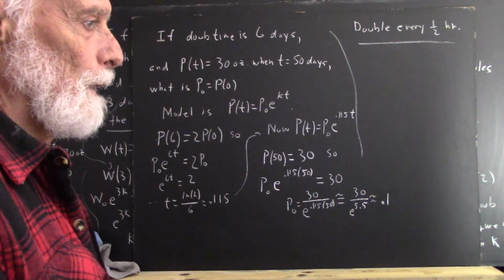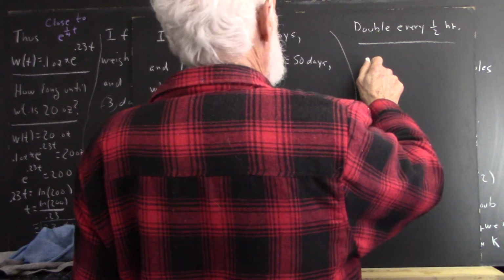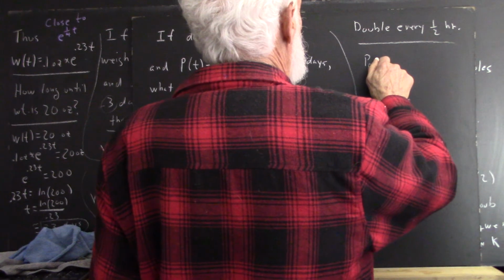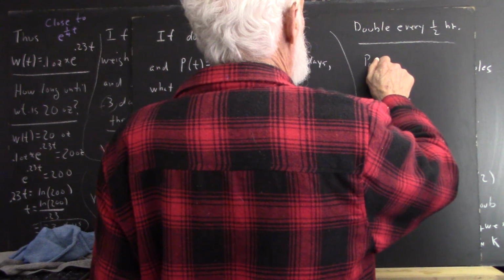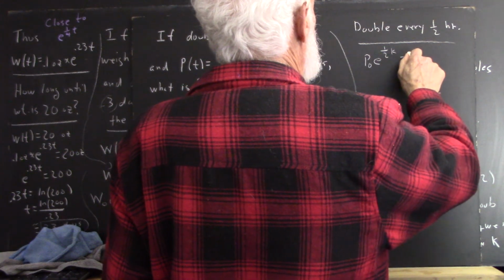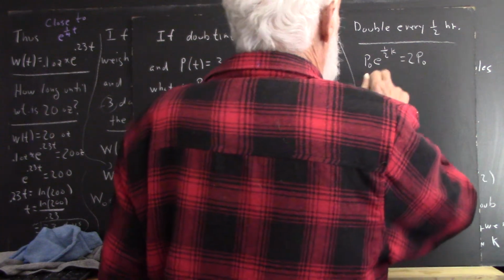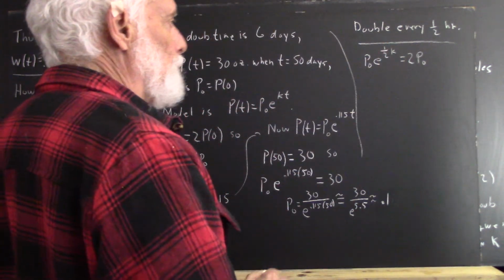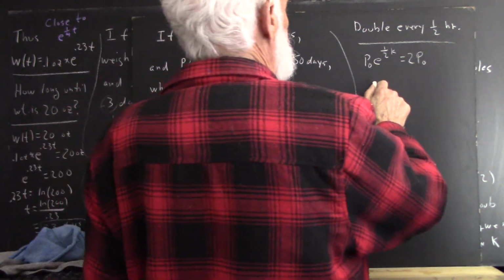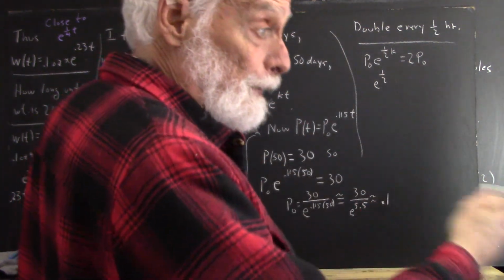Okay, let's say we double every half hour, then you get P naught e to the 1/2 k equals 2 P naught. Because 1/2 is a half hour, it's e to the kt.